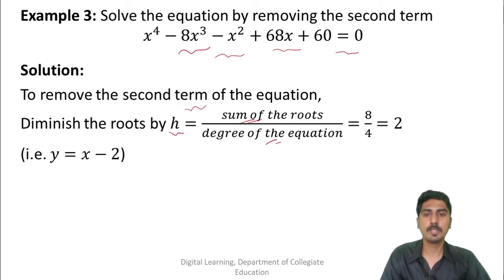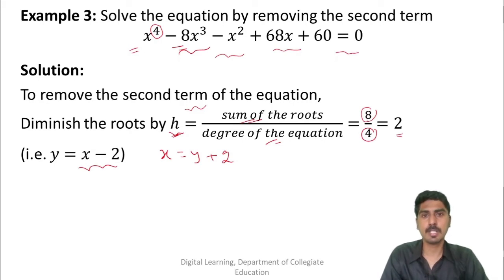The sum of the roots is minus of minus 8 by 1, which is 8. The degree of this equation is 4. So we have to diminish the roots by a quantity h equal to 8 by 4, which is equal to 2. Or we have to substitute y equal to x minus 2, or x equal to y plus 2.